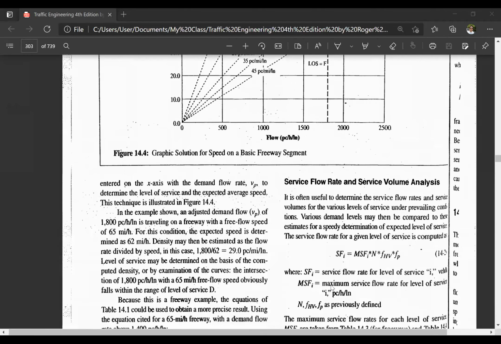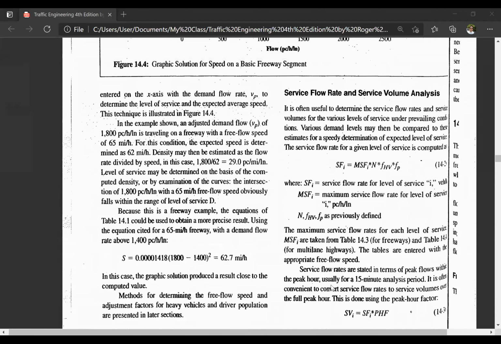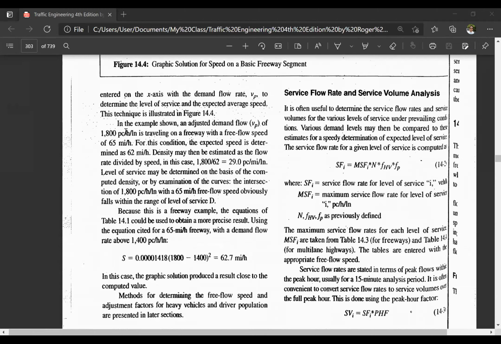The example question asks: an adjusted demand flow of 1800 passenger cars per hour per lane is occurring on a freeway with a free flow speed of 65 miles per hour.